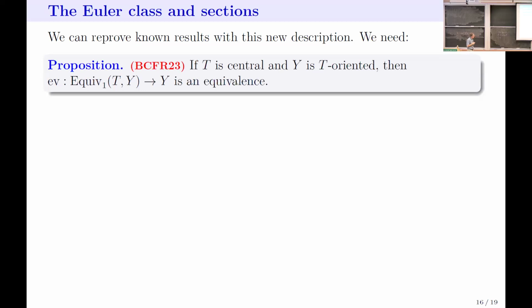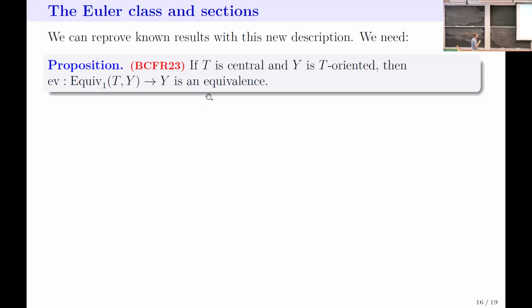So it says if I have a central space and I have a space Y with a T orientation, then if I look at the space of orientation preserving equivalences, so this one means I want to look at equivalences from T to Y that respect the identity orientation of T and the given orientation of Y, then the natural evaluation map at the base point of T down to Y is an equivalence.